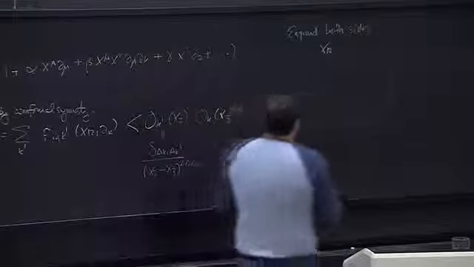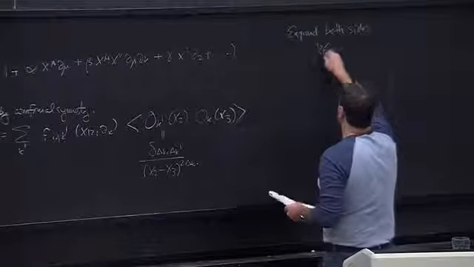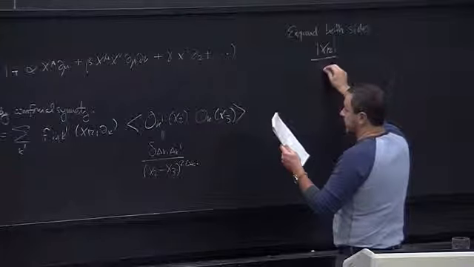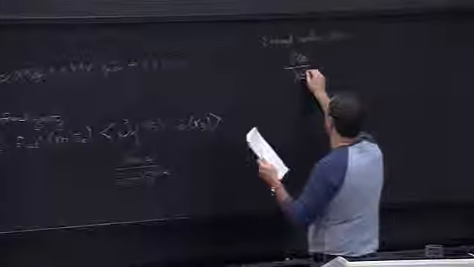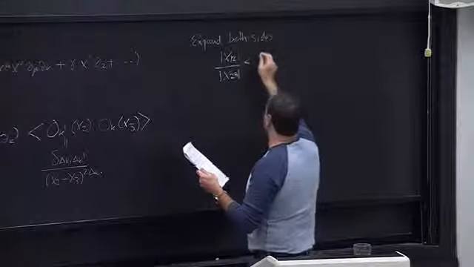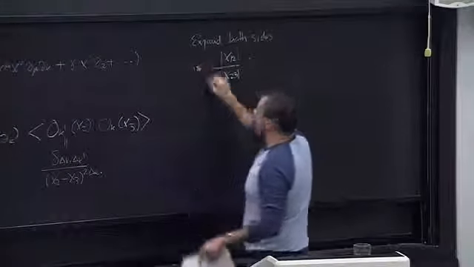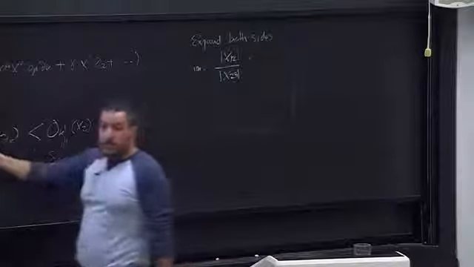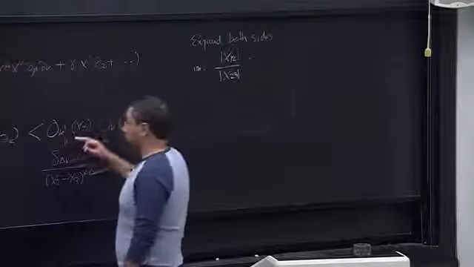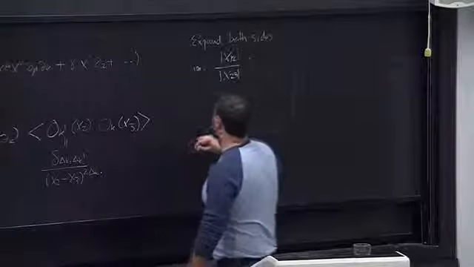What's important is that x12 is smaller than x23. So we expand in this, and then you compare term by term. This is completely straightforward to do, even though taking derivatives is painful, to do a Taylor expansion of this guy. And here, you compare term by term, and this completely fixes it.